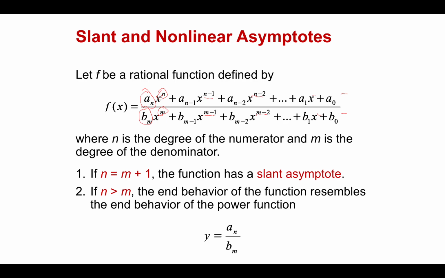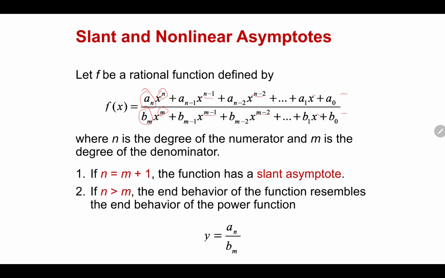Now remember, we already have these identities that say that if n is greater than m, it resembles the end behavior of a power function. We've kind of already talked about this. So what if n is less than m? We've talked about those. Those are horizontal asymptotes.